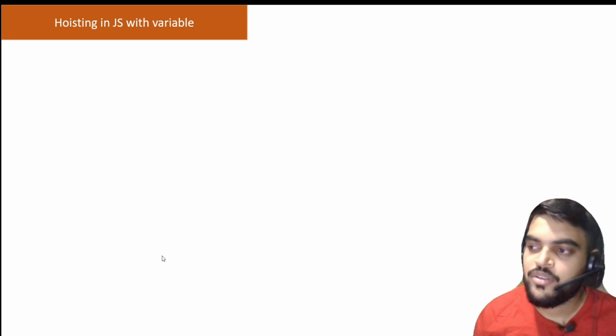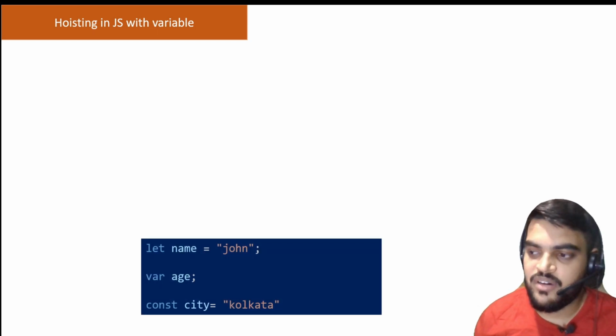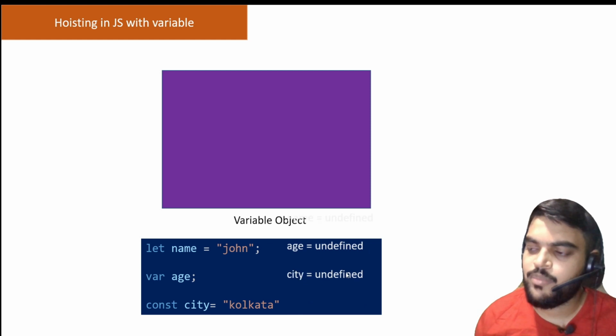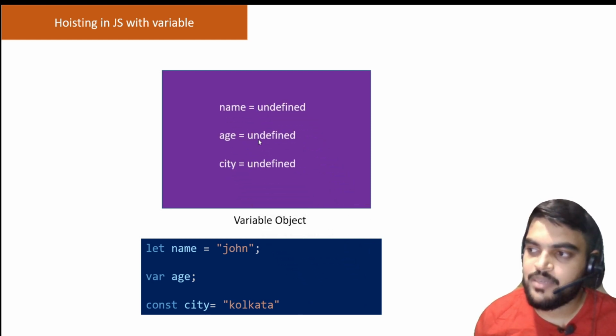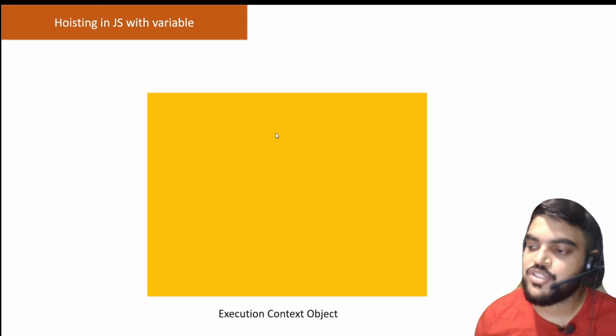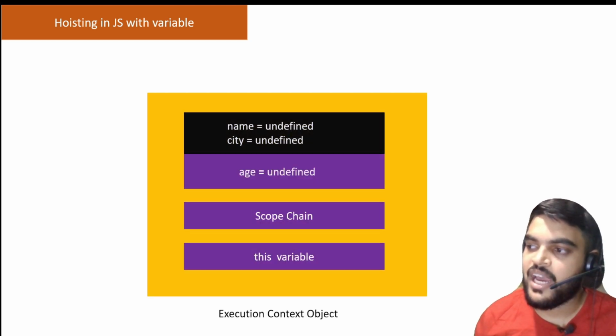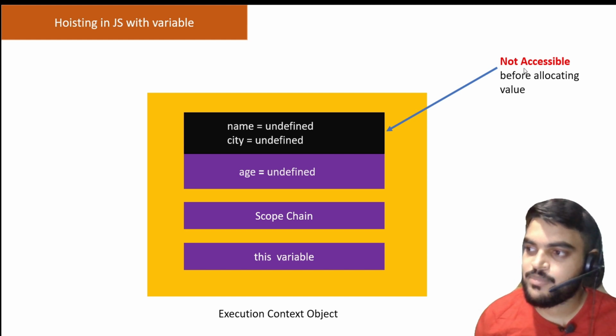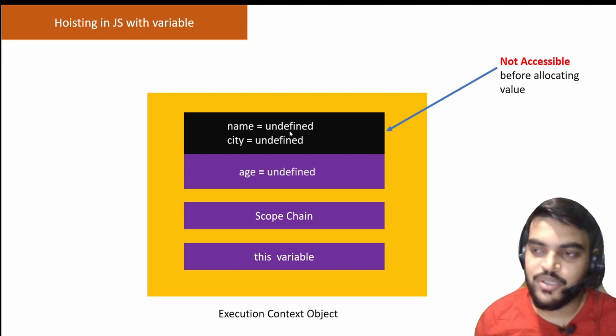I will show you. So now what happens if we have both types of variable here, like I have let, var and const. The same way it will be hoisted to my variable object, added as a property. And here in the execution context, we have two different areas. You can see one I am showing in black, another one in a different color. One would not be accessible, because we have declared it through let and const.